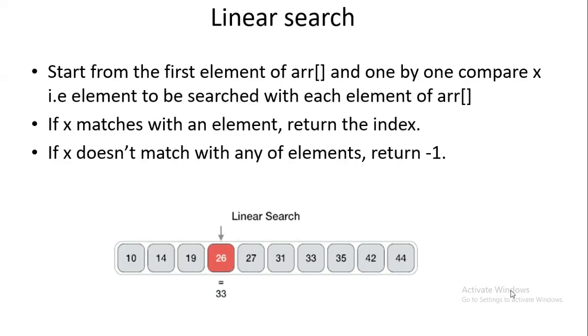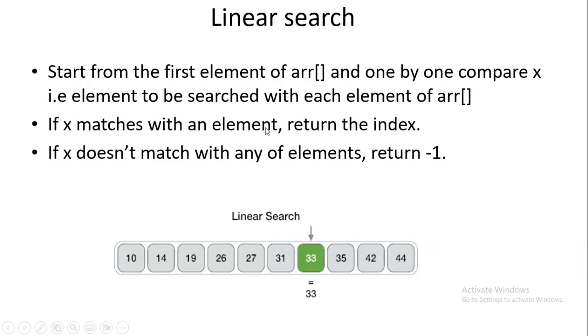Searching is the process of finding a given value's position in a list of values. So as you can see here in this image, linear search is a sequential searching technique in which each element is compared with the element to be searched one by one until the element is found or the list ends.